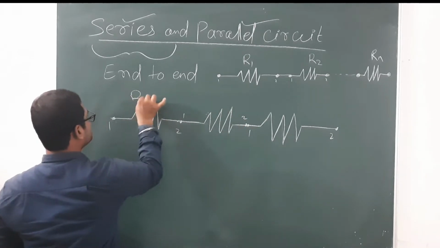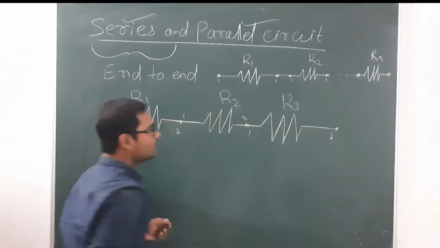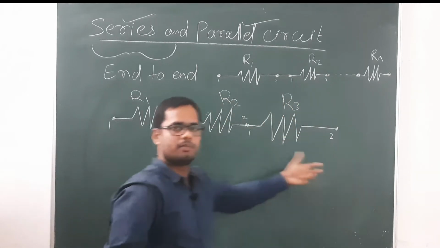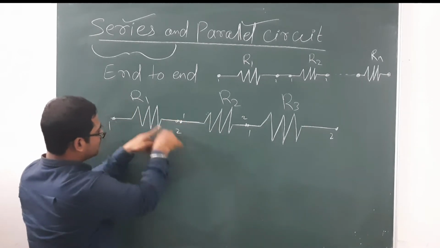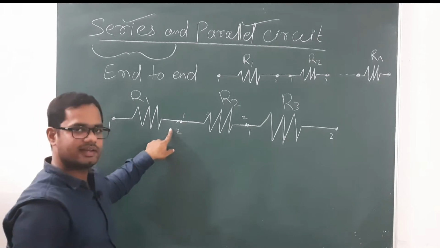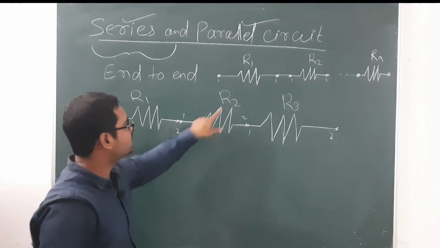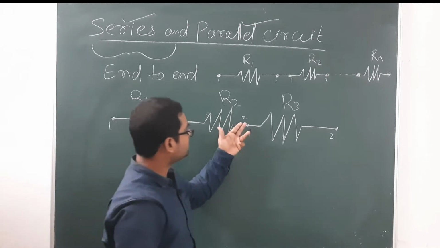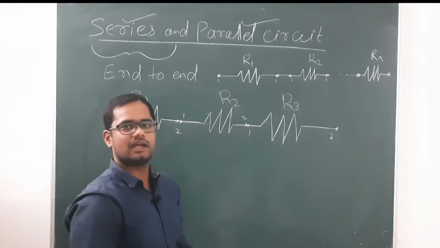And these are resistance values R1, R2, R3. So this is called series connection, meaning end to end connection. The second terminal of the first resistor is connected to the first terminal of the second resistor. Again the second terminal of one resistor is connected to the next terminal. Like that connection is called series connection.